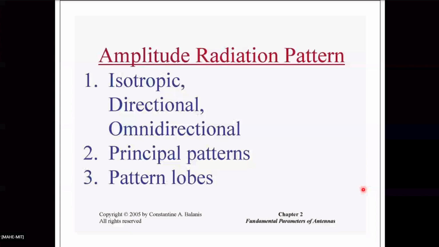Most of the power is sent in that direction. So that is the directional antenna. It is not like a broadcast antenna, where it is supposed to be omnidirectional. Sorry, isotropic. A directional antenna is not like isotropic.